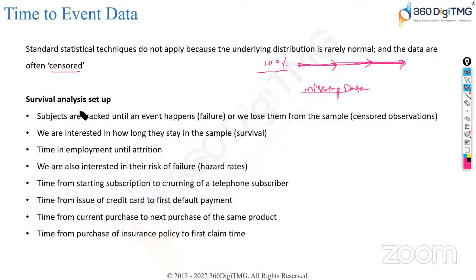So the scenario is the events that we are tracking. We will be tracking the events with respect to subjects. In our example, the subject is an employee. So we will track employees until the event happens or we lose them from the sample.